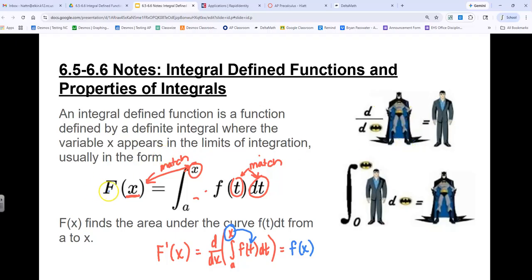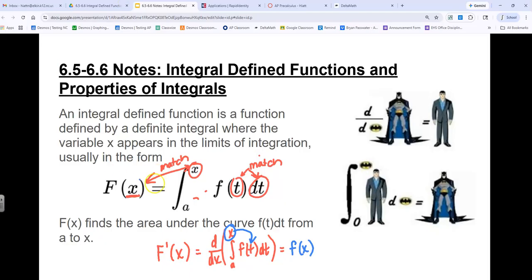If you take the derivative of Batman, then you get, why have I forgotten the name of Batman? Bruce Wayne. You get Bruce Wayne here. But if you integrate Bruce Wayne, then you get back to Batman, right? These are inverses of each other. It's just that extension of the fundamental theorem of calculus.